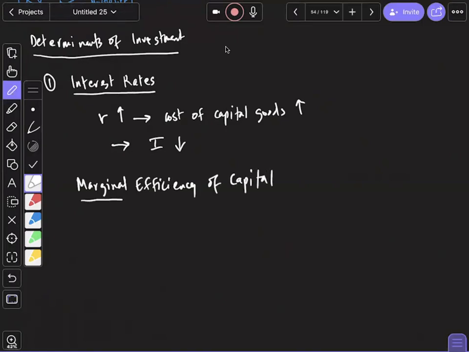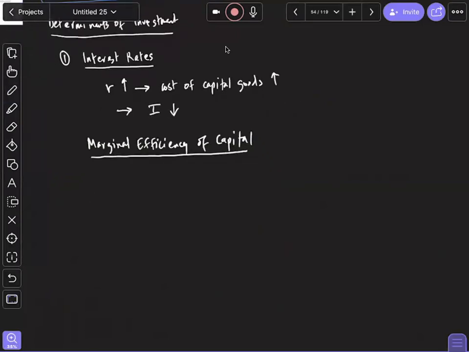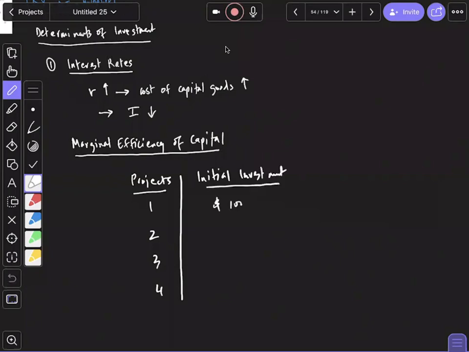Marginal efficiency of capital theory basically says this: when you look at projects, let's say I have 4 projects, 1, 2, 3, and 4, and each project requires an initial investment of, let's say, $100. You're choosing between the 4 projects.